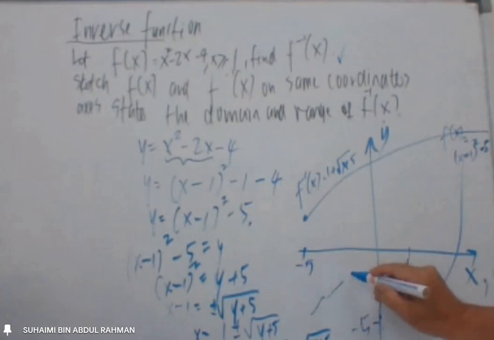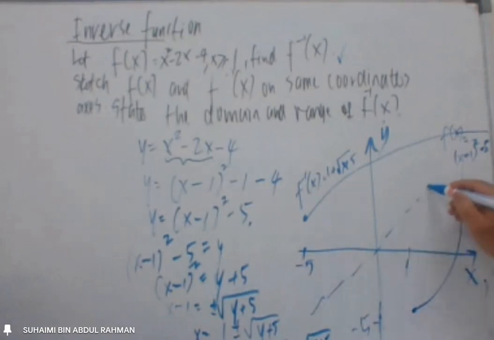So when we look carefully, it's like that. Reflect about the line y equals x. Reflections about the line y equals x.